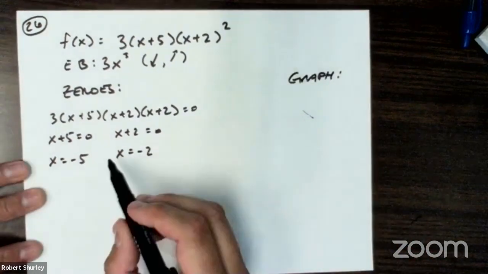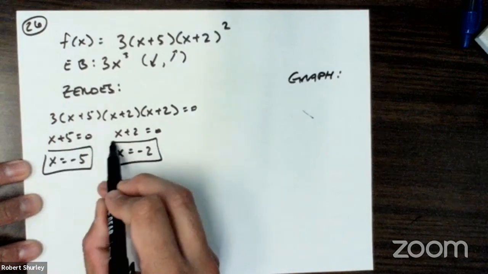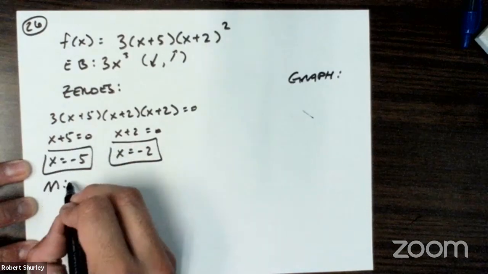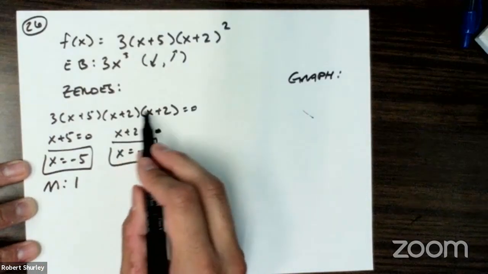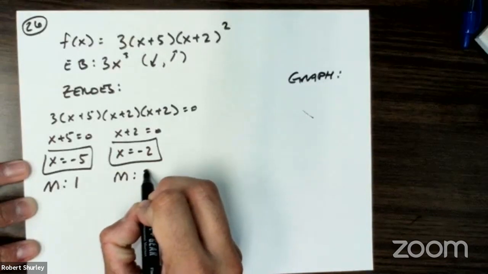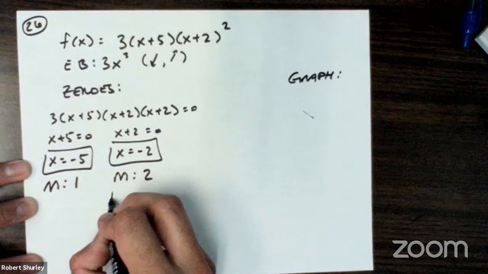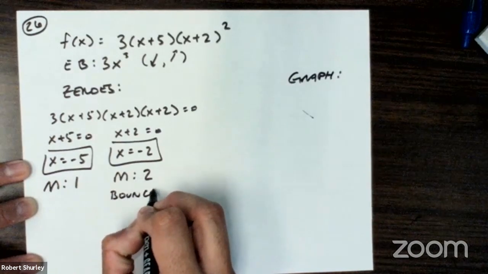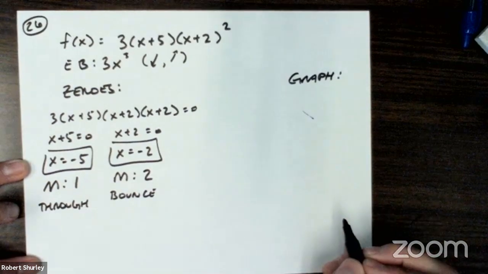We're going to be efficient. Look, x equals -5, and x equals -2. Now, the multiplicities, though, -5 only occurred once. This -2 occurred twice. It comes from 2 factors. So therefore, the multiplicity is 2, okay? And what that means is we're going to bounce here, and we're going to go through here, okay?